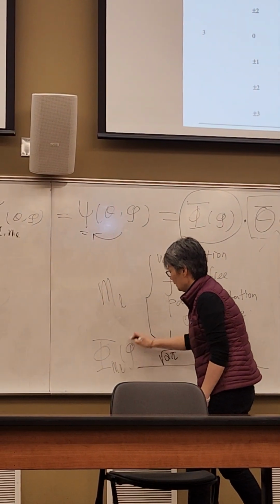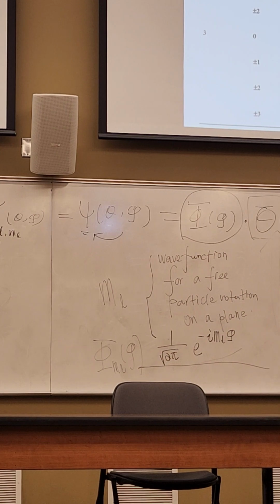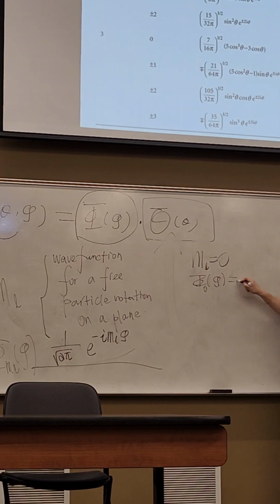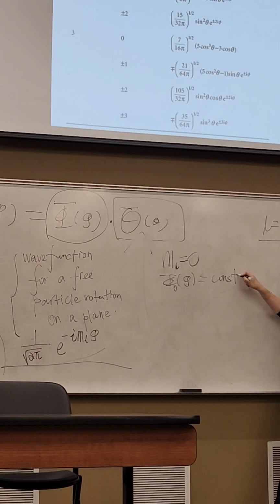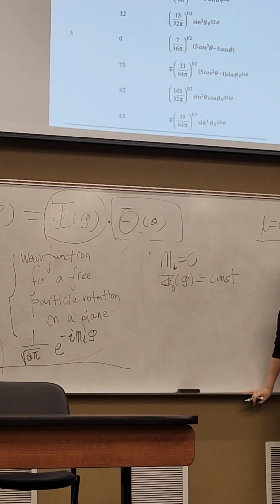It only depends on the phi angle indicated by the m sub l quantum number. So if m sub l equals 0, what will be the wave function? That will equal a constant.